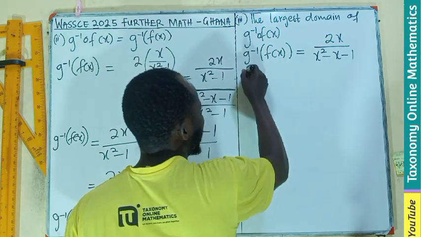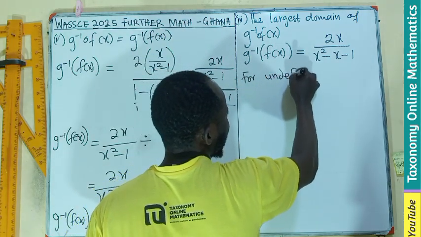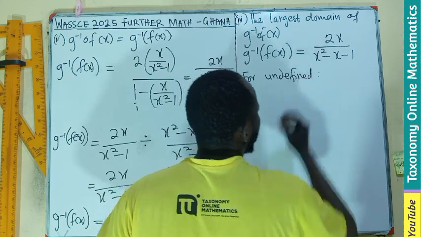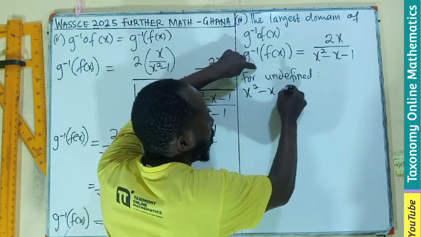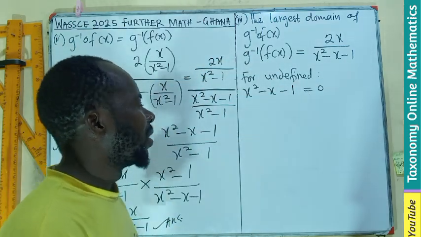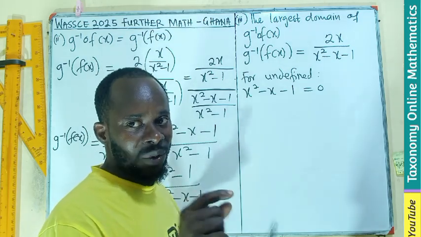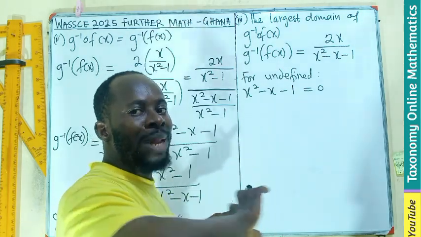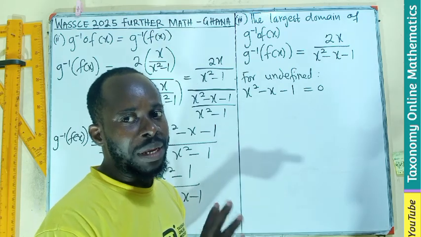So for undefined, we can only set the denominator to be equal to 0. If we set that to be equal to 0, then the values we get for x, we can eliminate from the set of numbers that will be the domain.